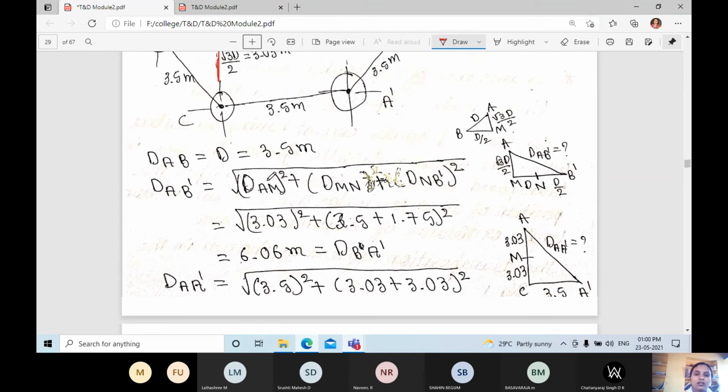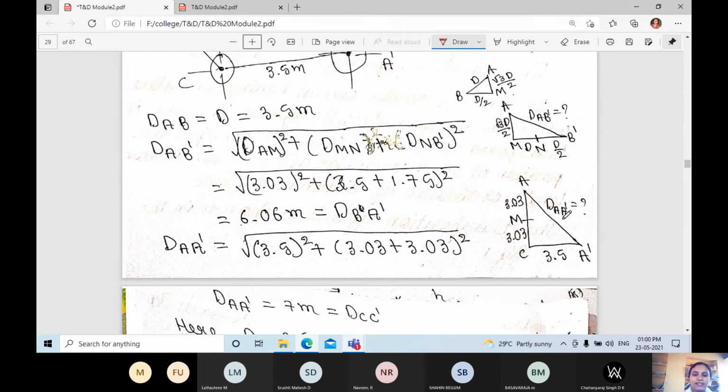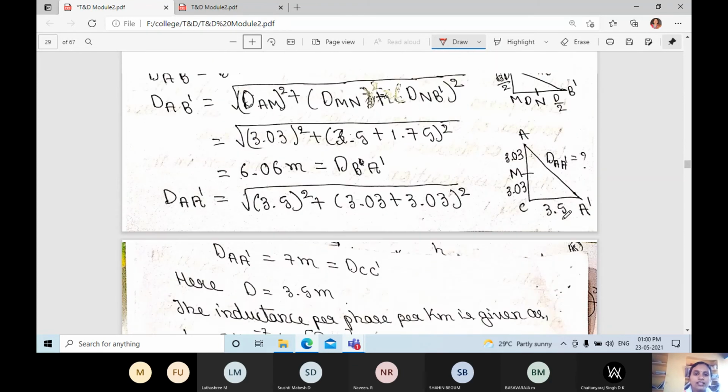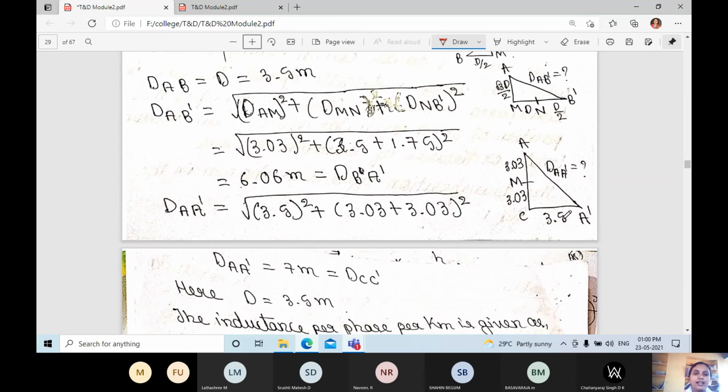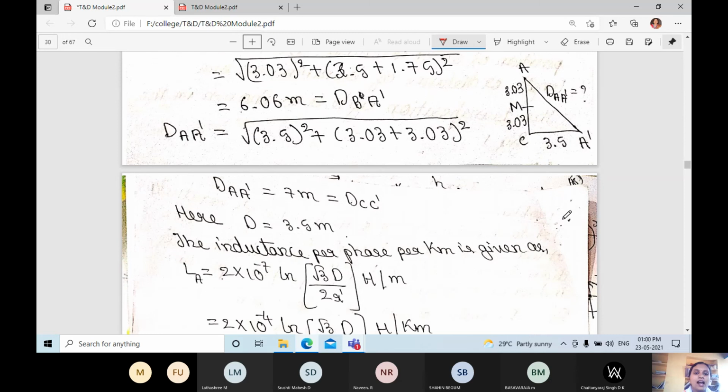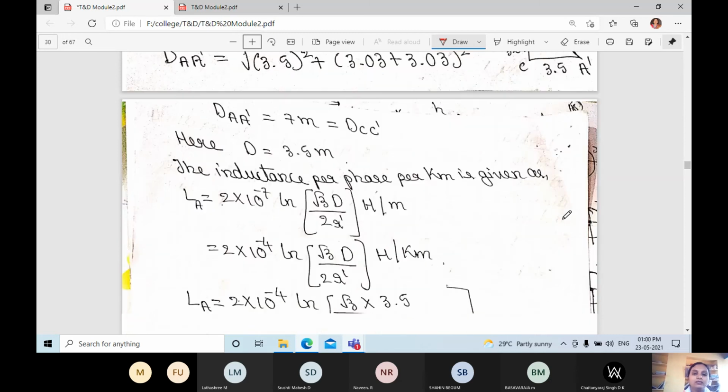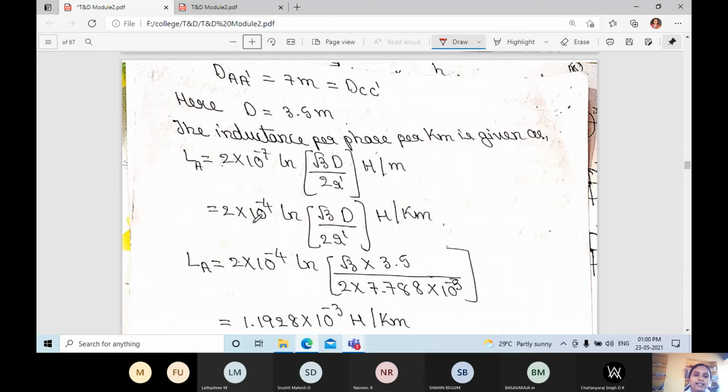If you remember, no need to find out. You can solve that directly. The distance between AB and AB dash and A dash, you know how to find out, solve this. I will say directly here, LA is equal to 2 into 10 to the power of minus 7 ln square root of 3 into D divided by 2 R dash.